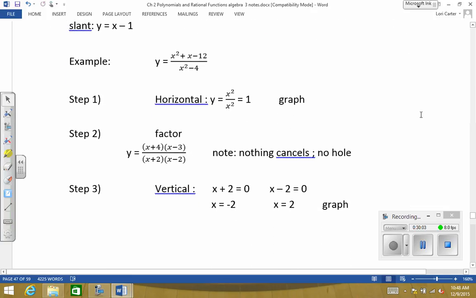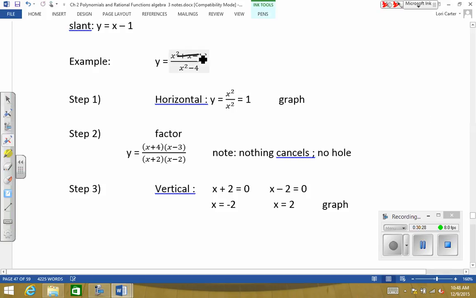Now let's look here. I put the steps in the order I do them. Steps 1 and 2 can be done in any order, it doesn't matter. I always do horizontal first because I want to do that before I factor, because I need the most important over most important, which is already set up for me. So when you look here, what do I care about in the numerator? X squared.